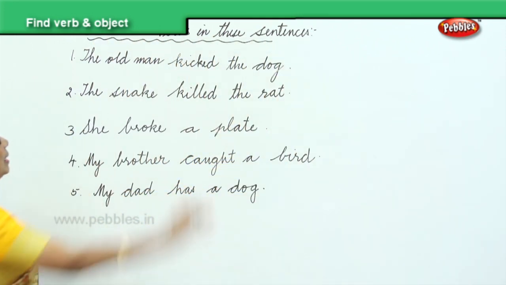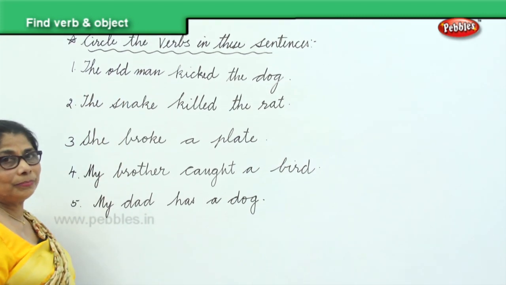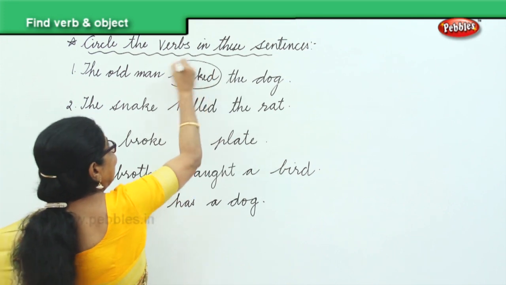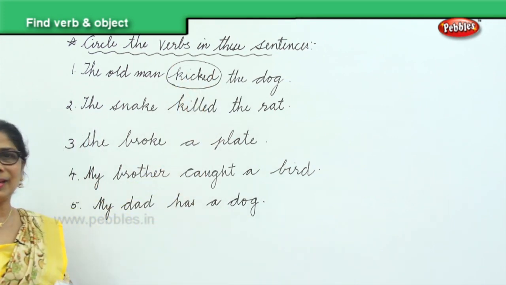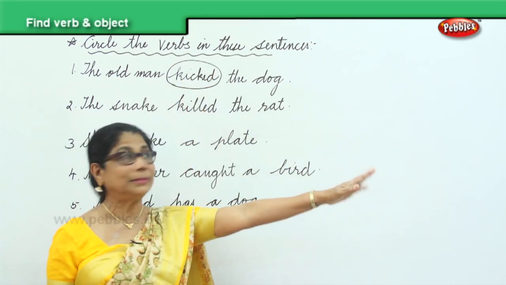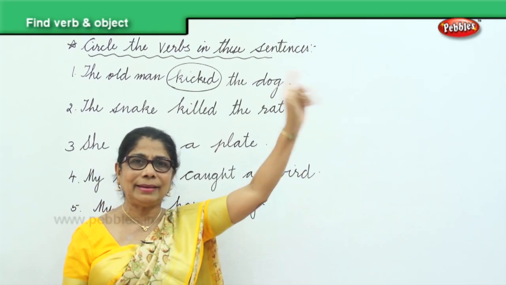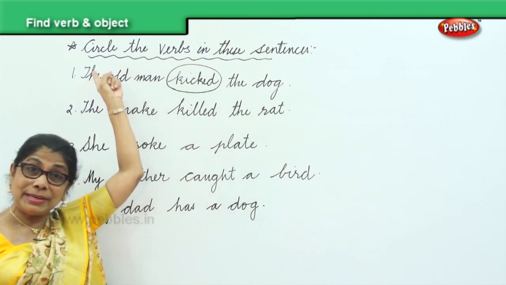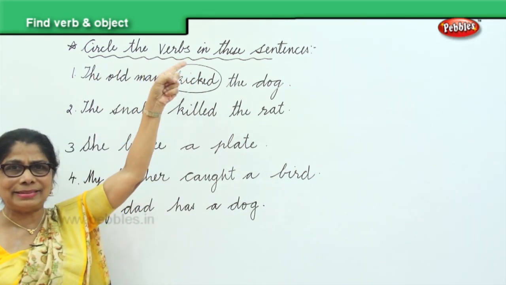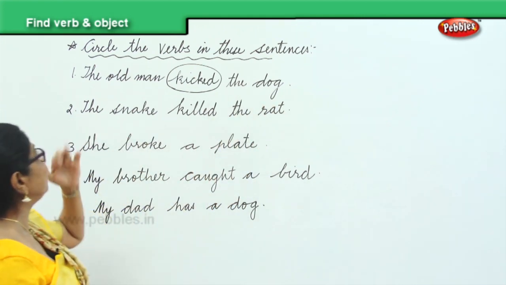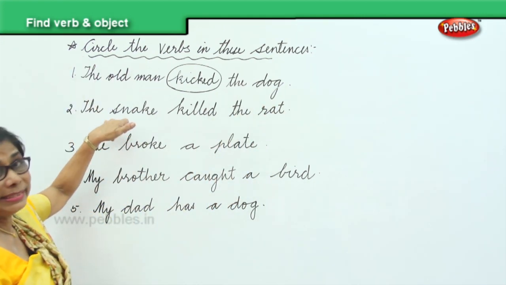Which is the subject? The old man. What is the action the old man is doing? The old man kicked. So what is the object here? The object is the dog. The old man kicked the dog. So you have the subject, the verb is circled. What object did he kick? The dog. Okay. Next, circle the verb in the next sentence.